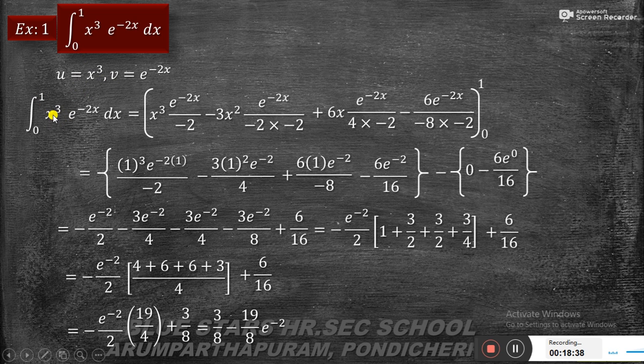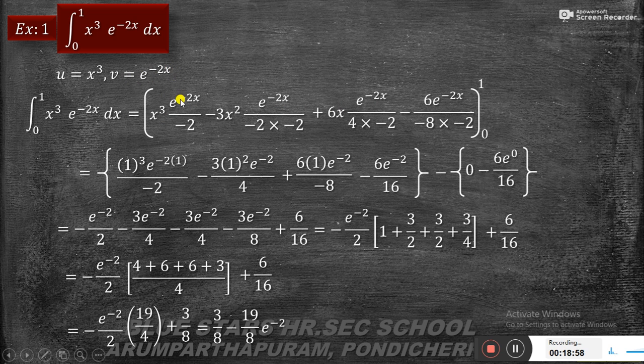so integral 0 to 1, that means x cube e power minus 2x dx equal to, formula is uv minus u dash v1 plus u double dash v2 minus u triple dash v3 minus etc. So now u means x cube into v means e power. Now we integrate this, so here we integrate the e power minus 2x.